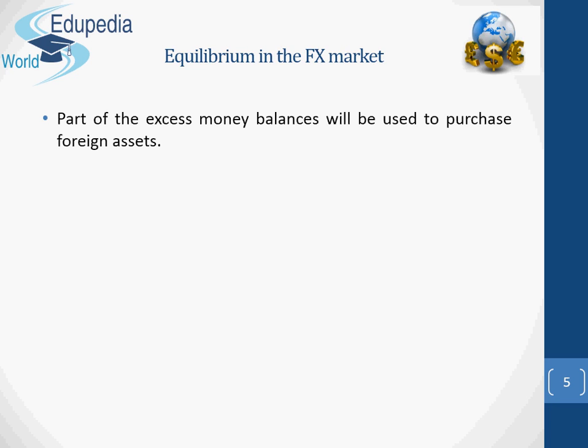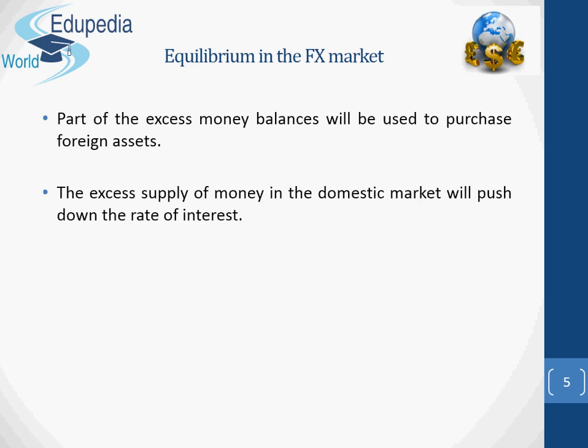This has 3 direct effects. Part of the excess money balances will be used to purchase foreign assets. This will therefore lead to an increase in the supply of domestic currency coming on to the foreign exchange markets. The excess supply of money in the domestic money market will push down the rate of interest. This will reduce the return on domestic assets below that on foreign assets.